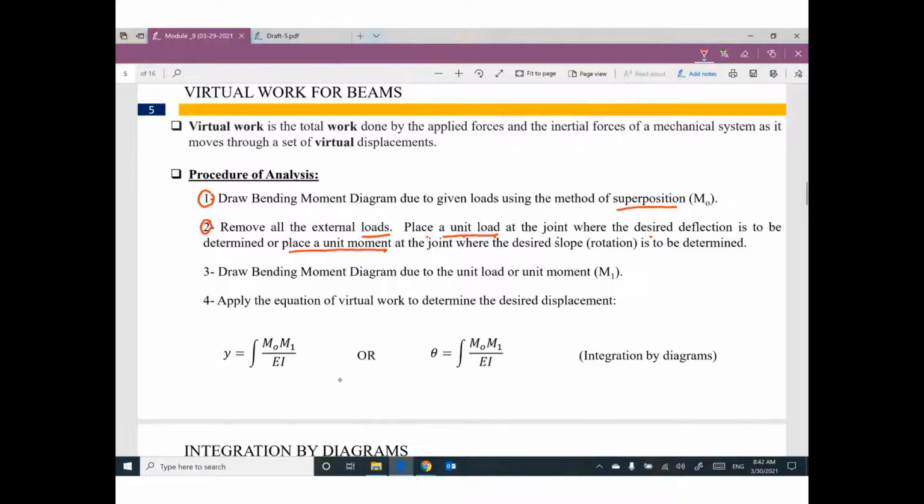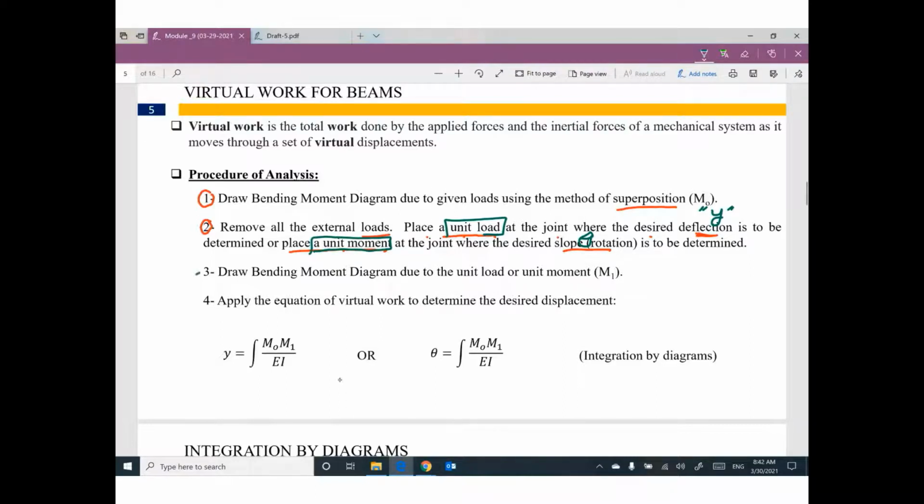The first one, unit load, if you would like to get deflection. The second one, place a unit moment at the joint where the desired slope, theta, is. So if you would like to get deflection Y, put a unit load, 1 kip or 1 kilonewton. If you would like to get theta, put a unit moment.